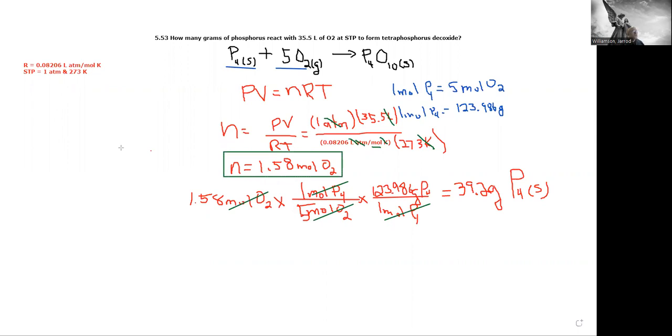Once I know the moles of oxygen, I know the relationship between moles of oxygen and moles of P4 because of this part, right? And then I know the molar mass. I looked up phosphorus and then multiplied it by 4 because that's what you'll get for P4. And I got 39.2 grams of P4. Okay, that's problem 5.53. I hope that helps.